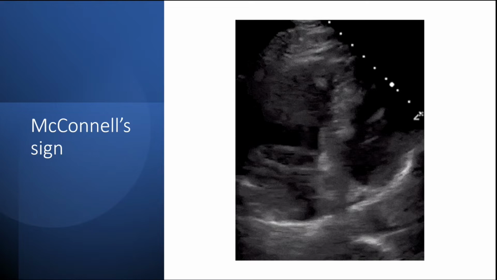There are several mechanisms that have been proposed that may explain this finding. First is that in acute PE, the tethering of the right ventricular apex to the contracting and often hyperdynamic left ventricle may account for the preserved wall motion at the apex.